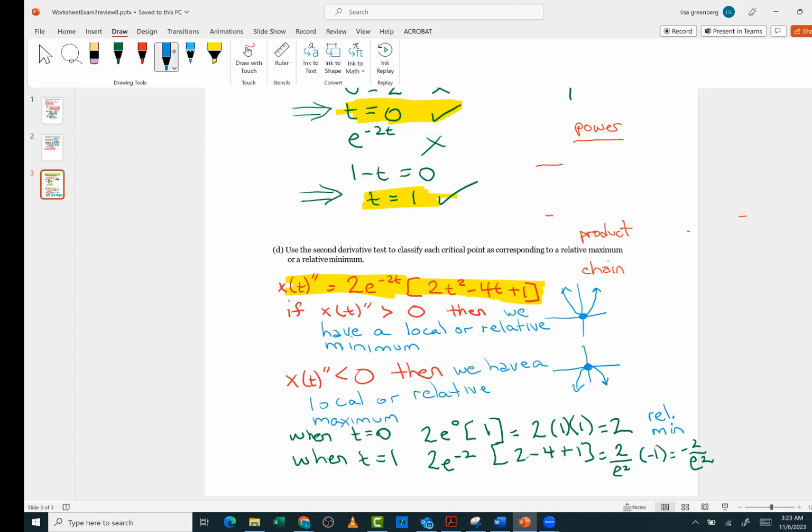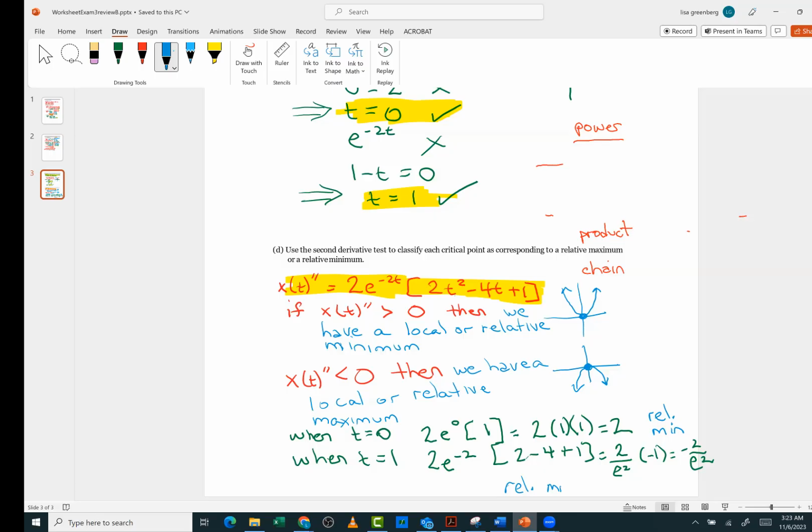That means we have something that looks, since it has the negative, think of it like a parabola opening down, and I have a relative maximum at t equals 1.